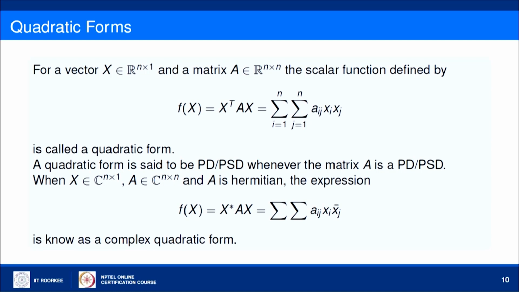Now, another important definition related to positive and negative definiteness is the quadratic form.